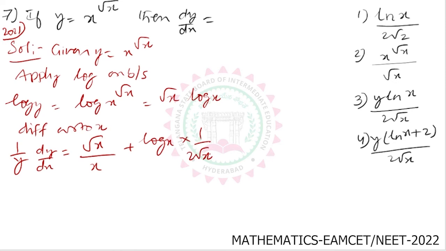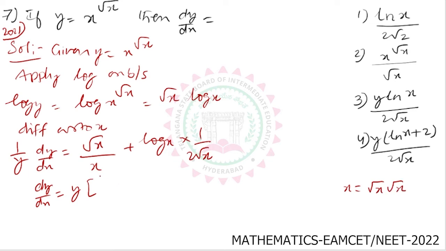Now, this is nothing but dy by dx is equal to y into, root x by x is nothing but 1 by root x. Is it clear? Root x by x is equal to 1 by root x. So, if I take the LCM of x and 2 root x, x is equal to root x into root x.